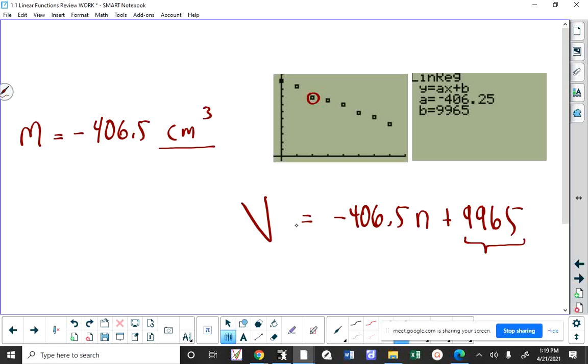The run is days. So the slope is a rate of change of the bird feed with respect to the day number. In other words, the birds are eating, averaging out, 406.5 cubic centimeters of feed every day.